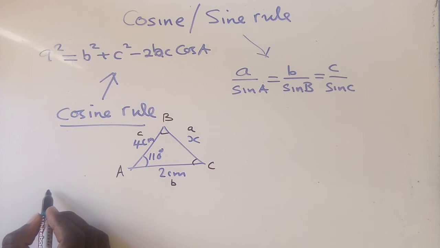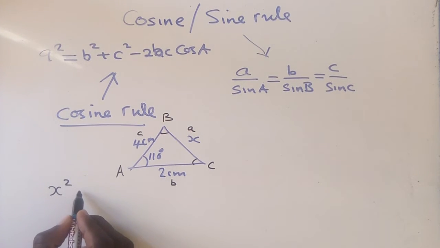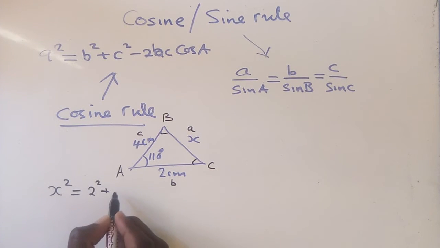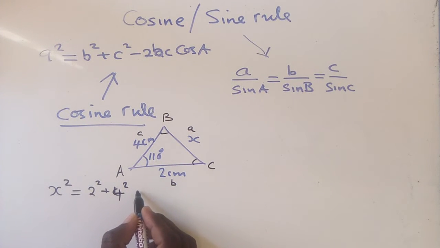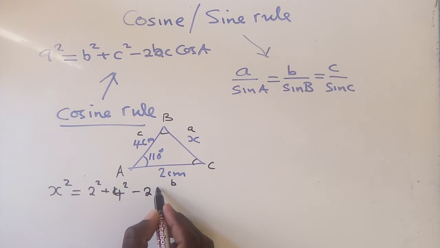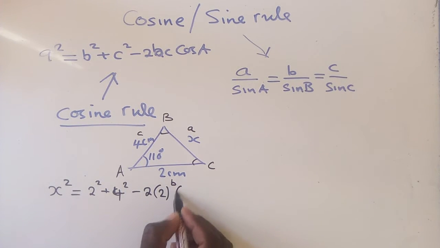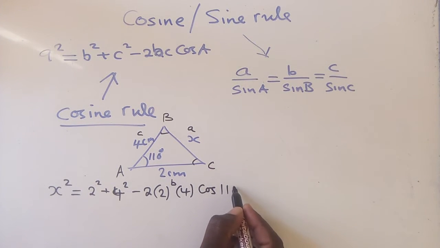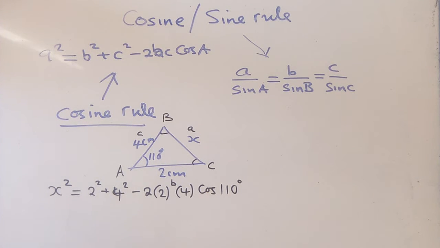So x squared is equal to b squared, which is 2 squared, plus c squared, which is 4 squared, minus 2 times b, which is 2, times c, which is 4, multiplied by cos 110 degrees. 2 squared is 4 and 4 squared is 16. For the last part we need our calculator, and make sure it is in degrees.